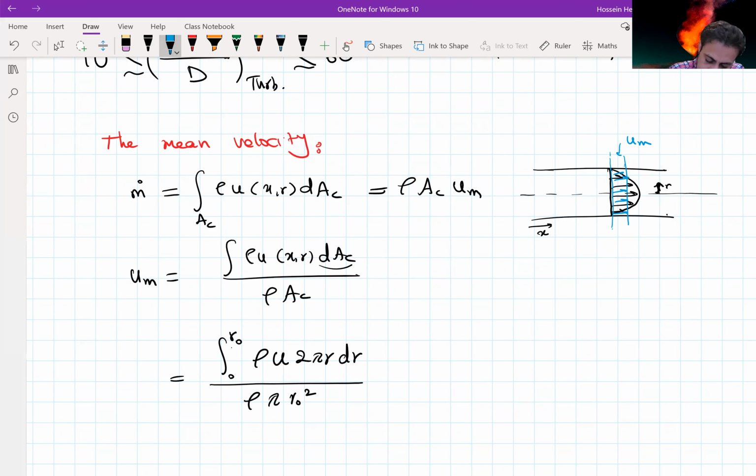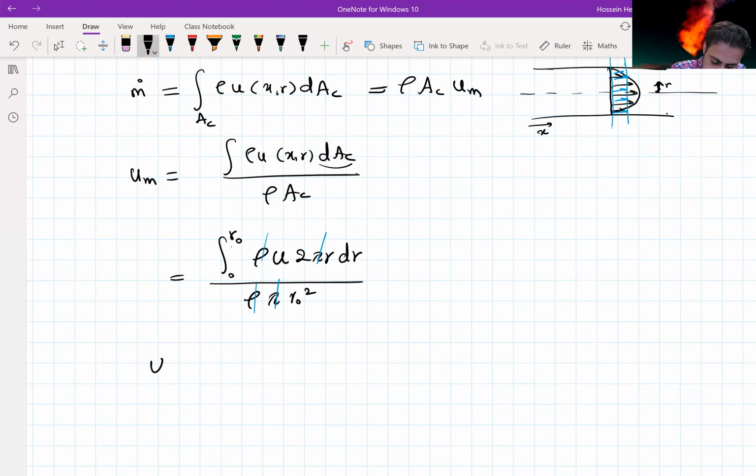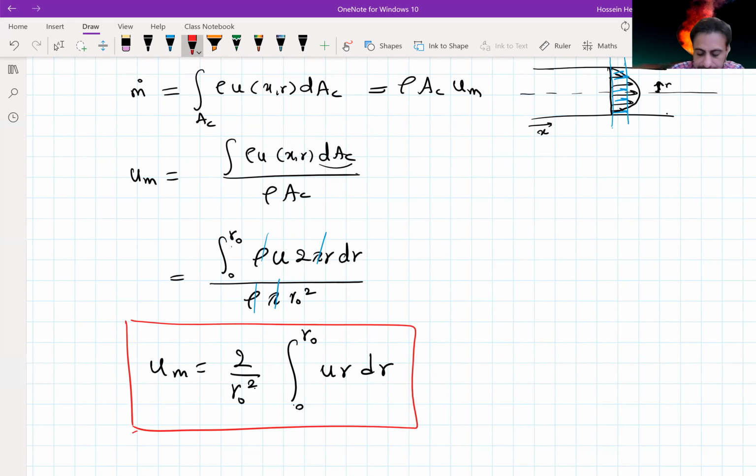If I cancel out density and pi, U_m by definition is going to be 2 divided by r0 squared times the integral from 0 to r0 of u r dr. And depending on the velocity profile that we have, we can evaluate the mean velocity over the tube cross section.